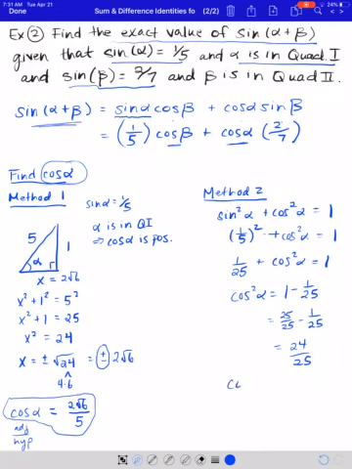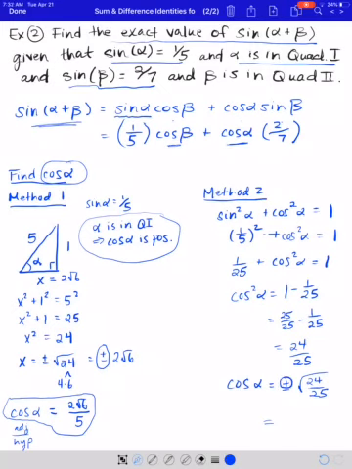Of course I have to finish by taking the square root of both sides, so I'll get plus or minus the square root of 24/25. Part of simplifying is deciding whether to use the positive or negative sign. Because alpha is in the first quadrant, we know cosine should be positive, so we're going to choose that positive sign.